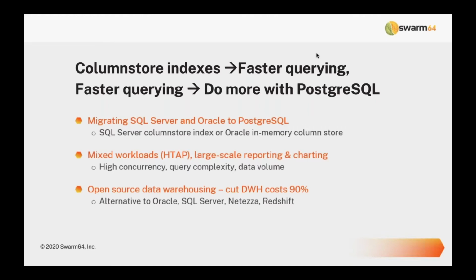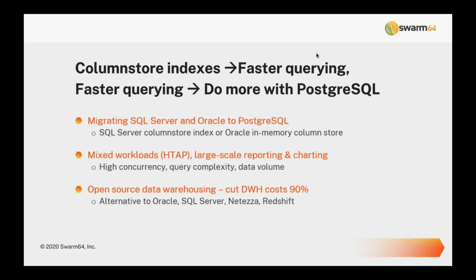Those projects can be migrated to Postgres and achieve the same kind of performance. It also helps existing Postgres databases support larger numbers of concurrent users, get the same or faster query performance on bigger databases, or handle more complex queries as your requirements evolve.